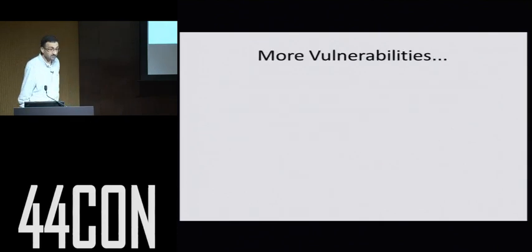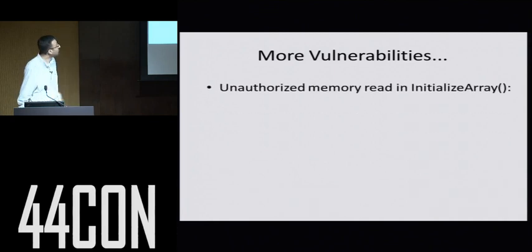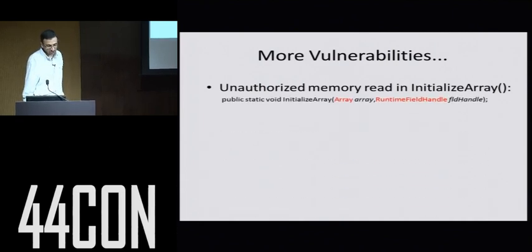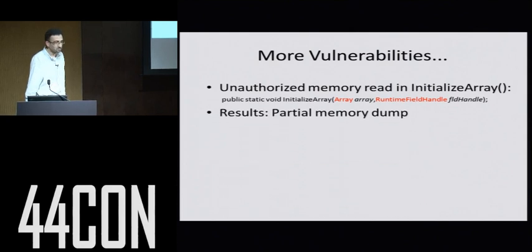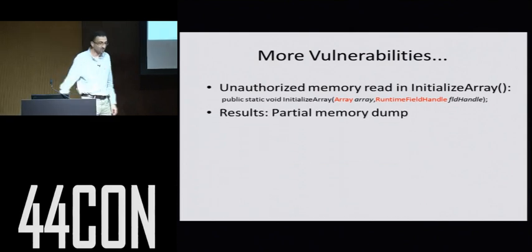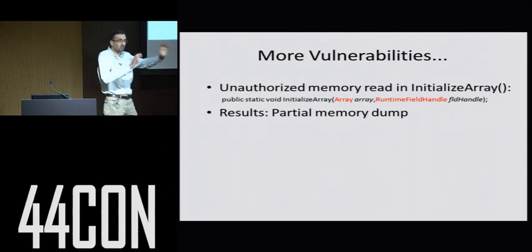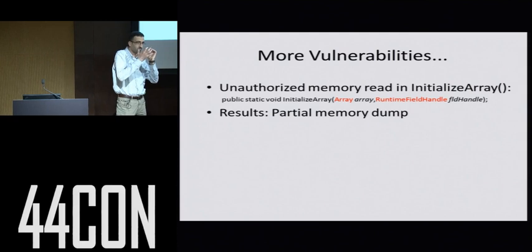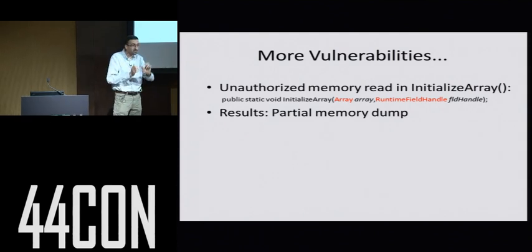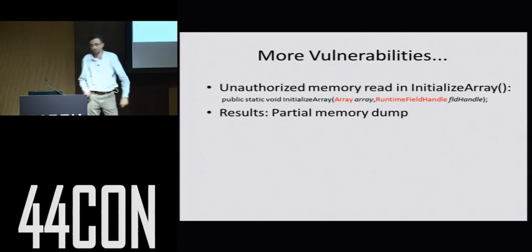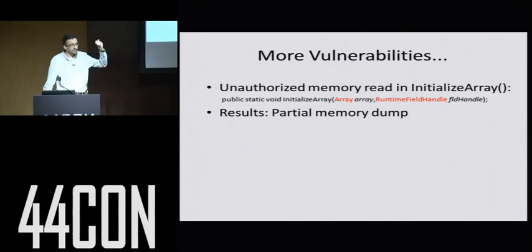There were more vulnerabilities, and I actually found another vulnerability in the array initialization method of the .NET virtual machine, which could be used to partially dump the memory. And this is very interesting on smart cards, because different programs load different private keys into their memory space. So if you were able to dump memory, you would actually be able to get the keys.